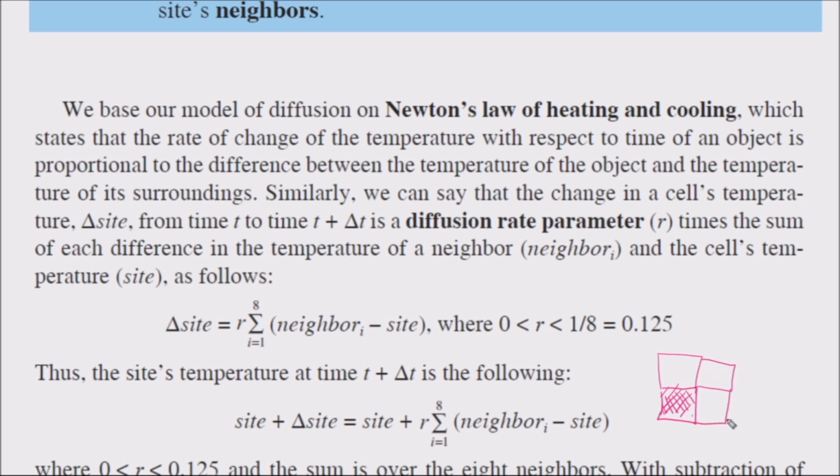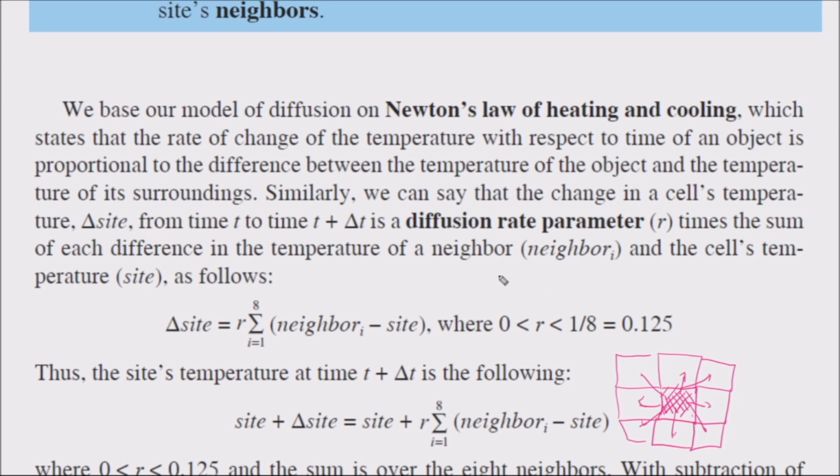All these neighbors are going to heat up when you put some fire or something on that site. So what it says is that the heat which is penetrating or spreading to the neighbor is actually proportional.